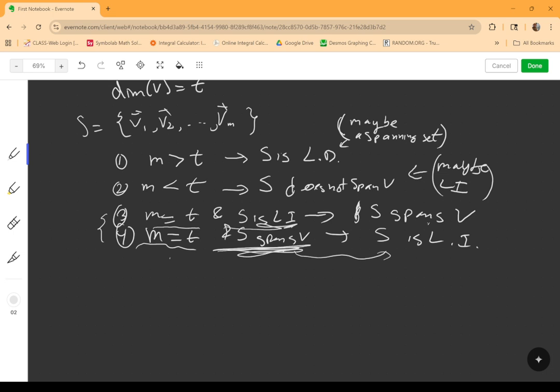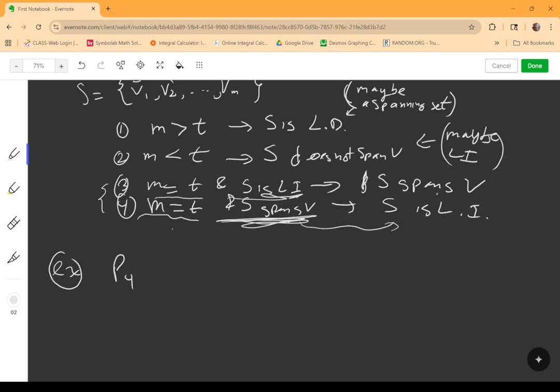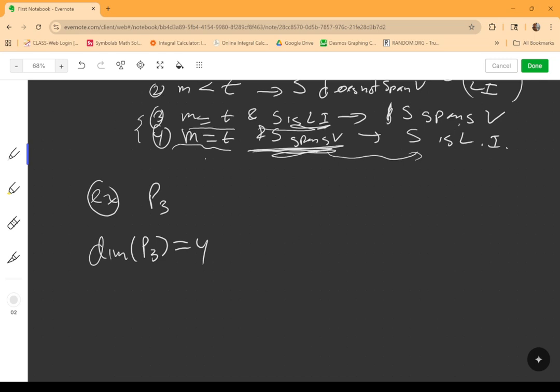So, for example, if we are dealing with a set P3, polynomials of degree 3 or less, then I know that the dimension of this polynomial space is 4. And we saw from our standard bases that it had 4 vectors.